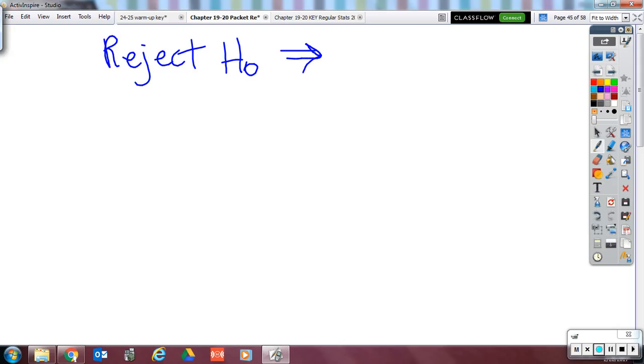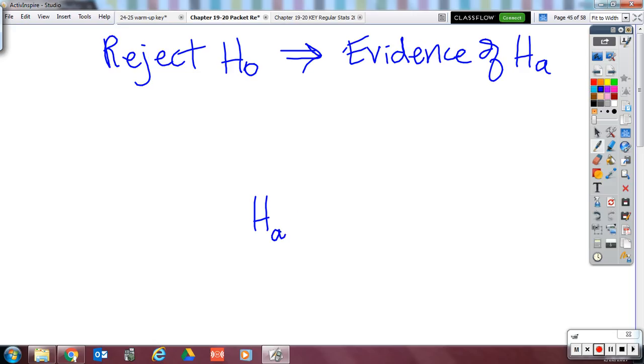I have evidence of the alternative. If I reject the null, then I am saying the alternative is true. If I reject the null, then I am saying I have evidence of the alternative.